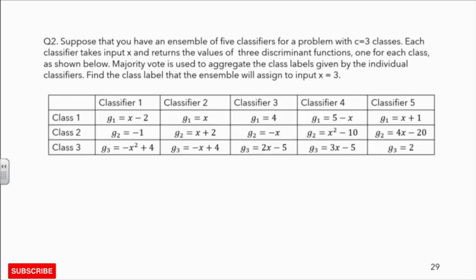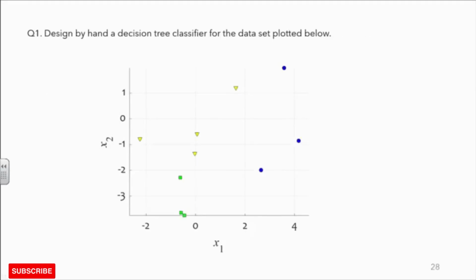You have this dataset, and you have the classifiers here, and their rules for the different classes, and you can see they all differ. And how to build the classifier ensembles from this? Let's say we do that together.